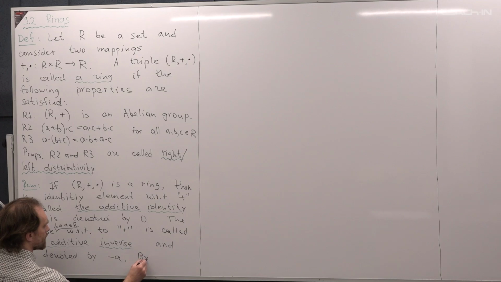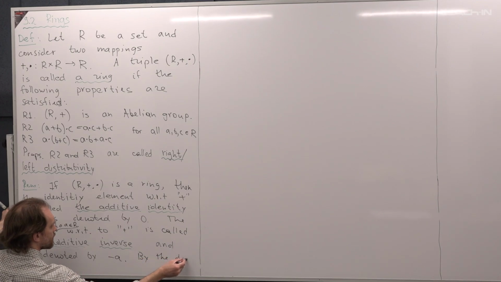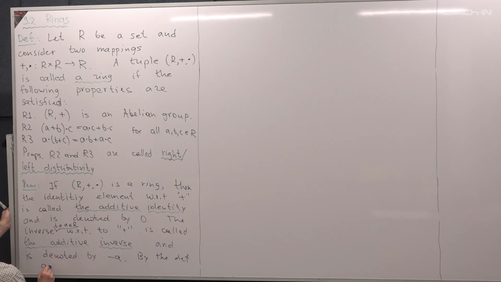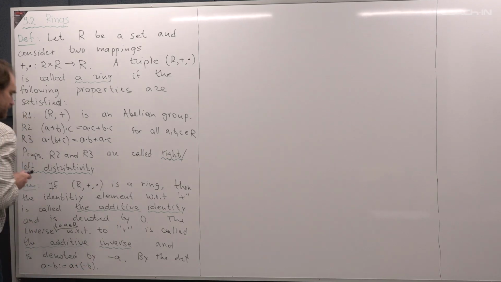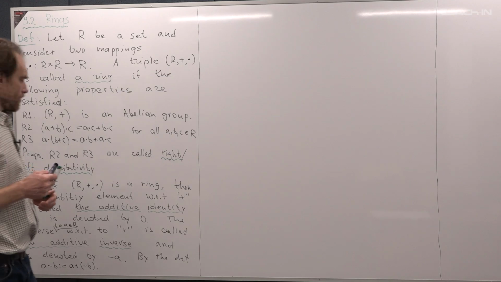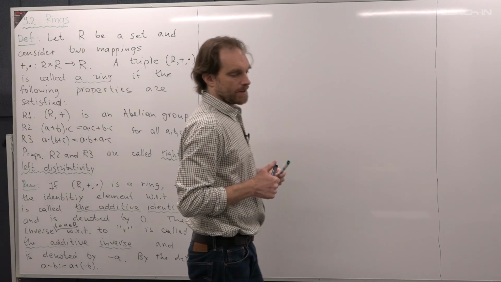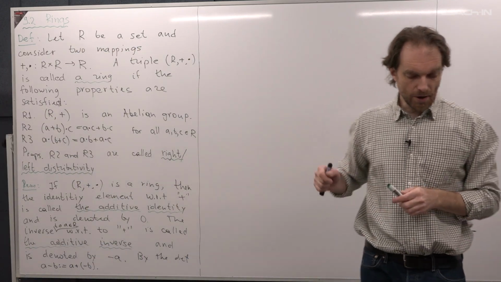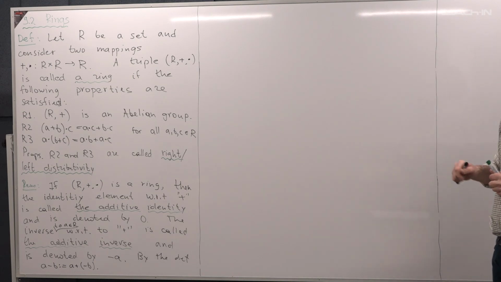And by the definition, as we have already mentioned, a minus b in this case will also denote the sum of a and the additive inverse to b. So these are some remarks concerning the definition of a ring.